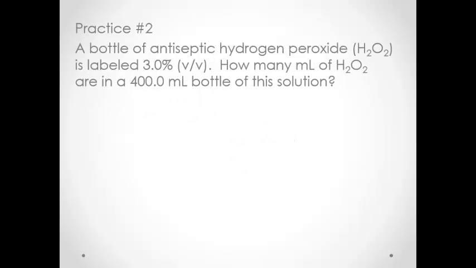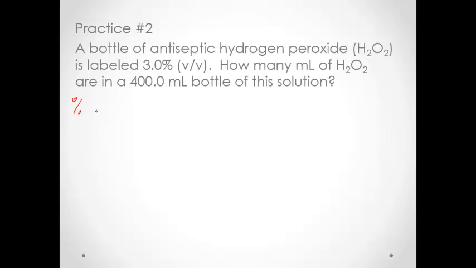Hydrogen peroxide is another one you see a lot. It's not 100% hydrogen peroxide. It's a lower grade solution, what you buy at the pharmacy area of the store. So we have 3% hydrogen peroxide, and we want to know how many milliliters of hydrogen peroxide that really is in a 400 milliliter bottle of this solution.